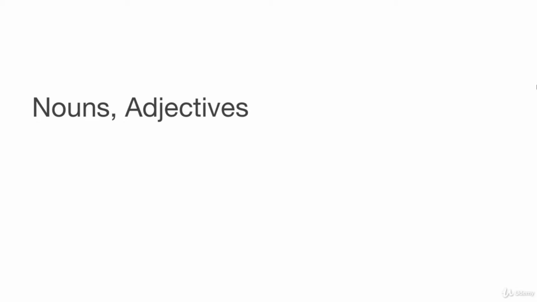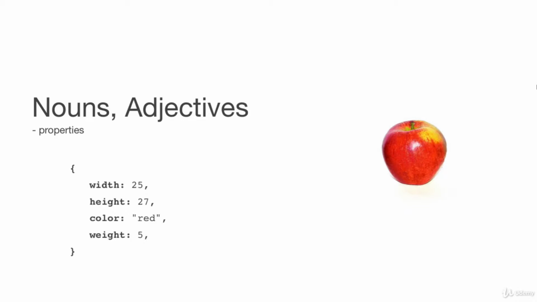Nouns are descriptive. So take a look around you. You live in an object-oriented world, and each object has its own properties or nouns. These describe the object. So I'll take an apple, for example. So we have the nouns such as the width, height, color, and weight.